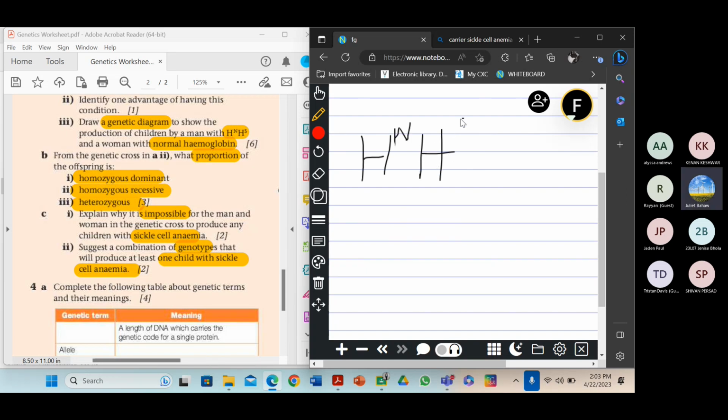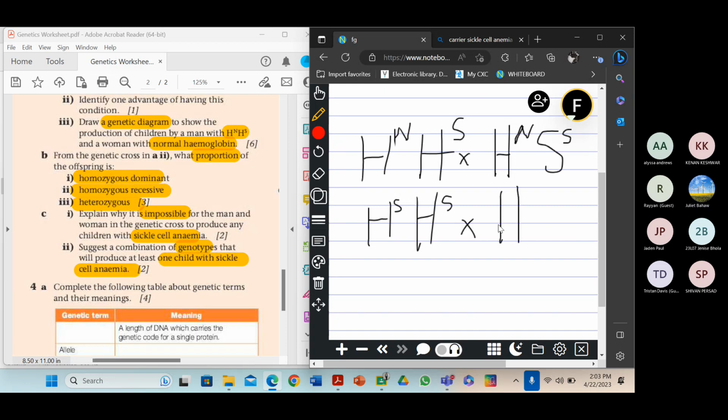So you had NS here, mating with NS. You will have a child who will have the disease. Or you could possibly have one parent having the disease full blown and the other being a carrier.